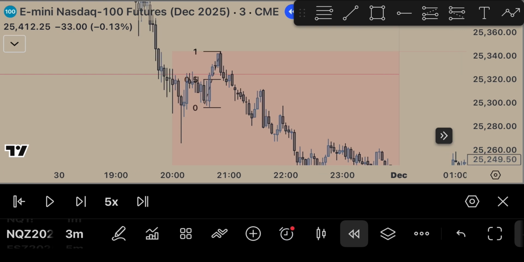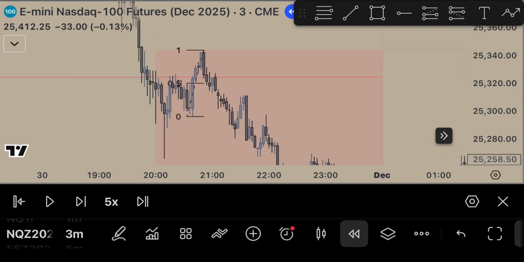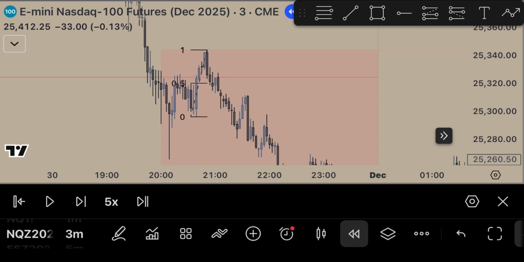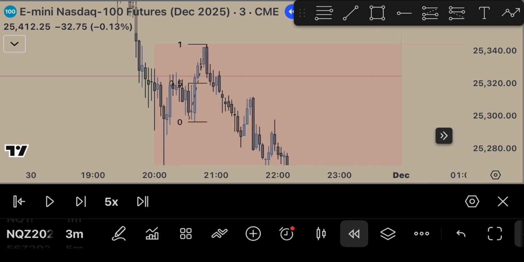And I also want a good reaction, good break of structure, proving that this is a manipulation leg and not the opposite way, where it was just going towards the right direction, but then our displacement is actually the manipulation, which would be pretty funny.